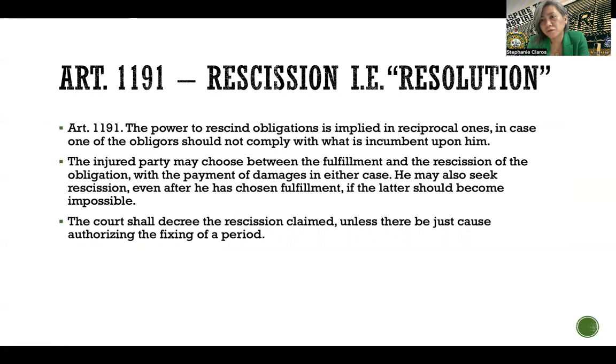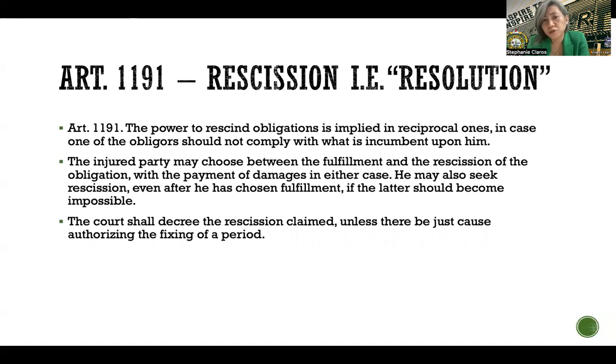When one of the parties is not able to perform their obligation simultaneously with the other party who is the injured party and has the right to rescind the contract. So when there is substantial breach of the contract, guys, the injured party can choose between fulfillment and the rescission of the obligation. And of course, will be entitled to damages as well.